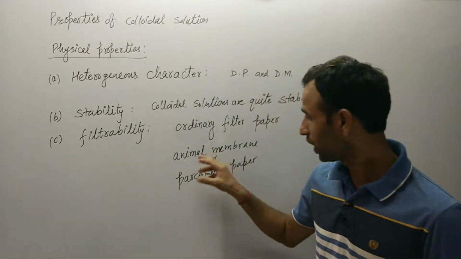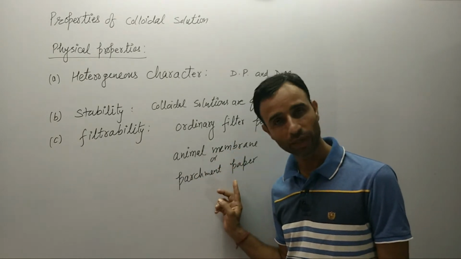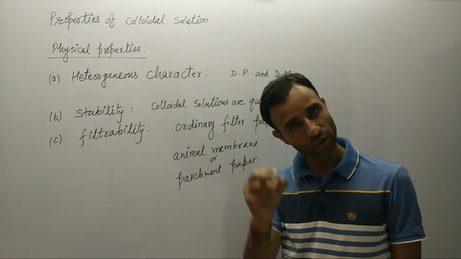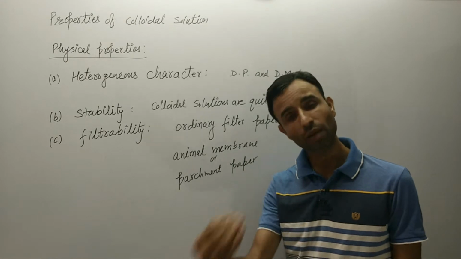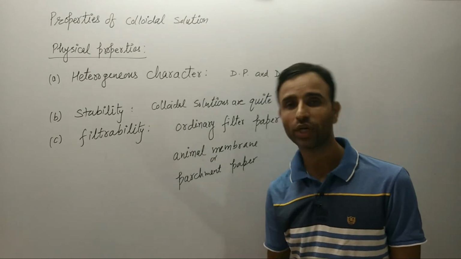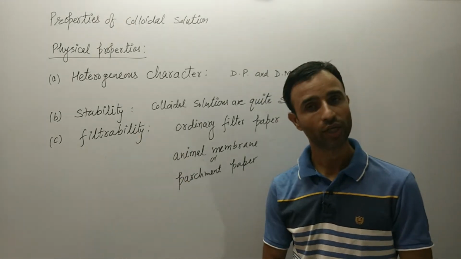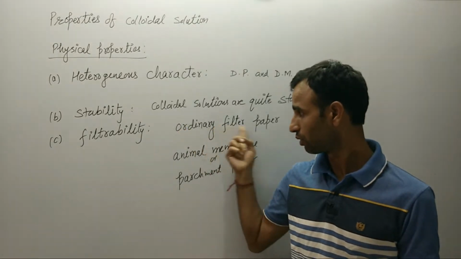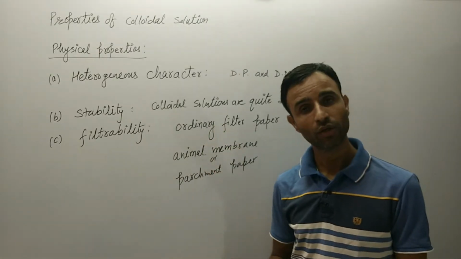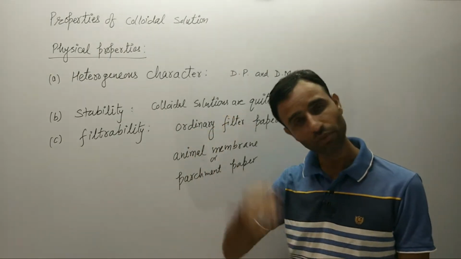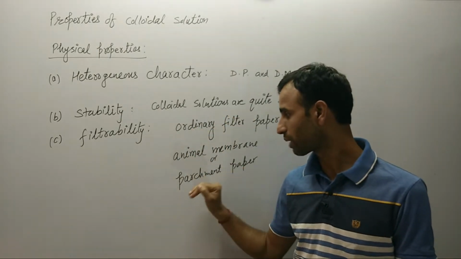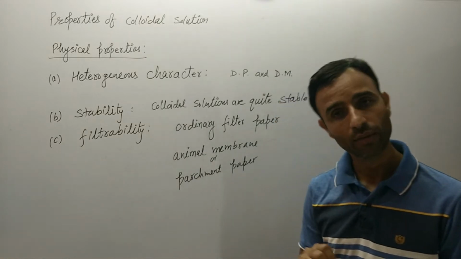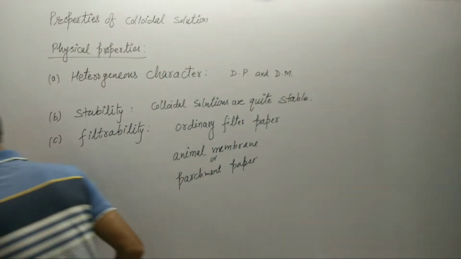Okay, so in animal membrane or parchment paper, pore size is reduced, that's why colloidal particles cannot be passed through it. So that is the thing about filterability, means they can pass through ordinary filter paper but cannot pass through animal membrane or parchment paper. Okay.